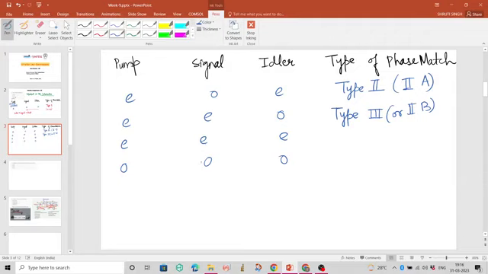But this type of phase matching comes from the type of crystal which we choose. So if the crystal is positive or negative, these E and O can get exchanged. So if we have all three the same, then that is type 4 and 5. This is type 4, this is type 5.